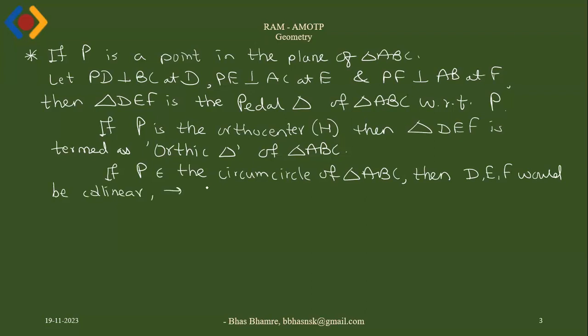That line is known as the Simpson line or pedal line. I leave the proof of these things with you. The proofs are available in some typical books, but I hope we need to work on these proofs.